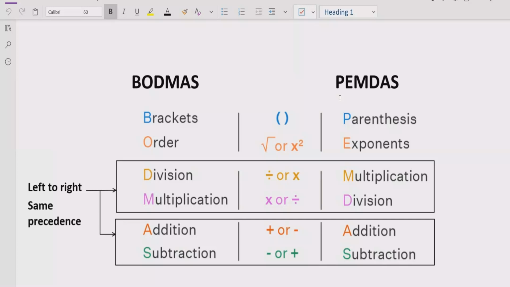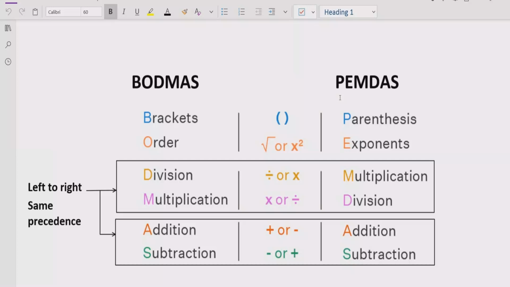What these rules say basically is that if your expression contains any bracket or parenthesis, you have to solve that part first. After that, you have to see the exponent or power of any number or square root of any number, so you have to solve that part next.